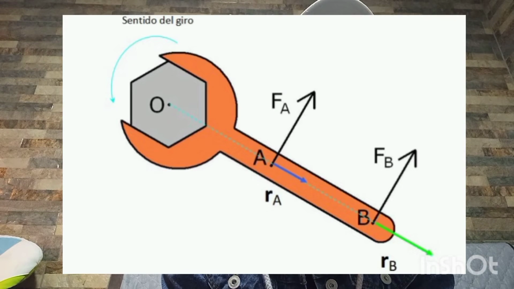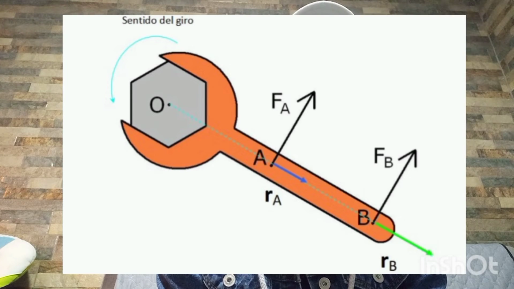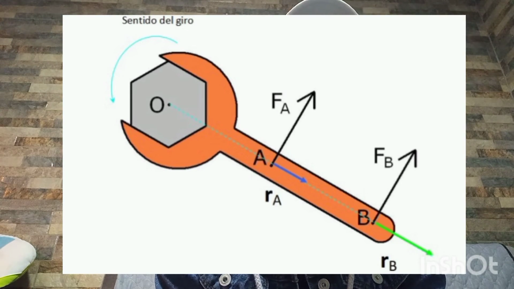So it does not produce as much torque as the force FB, which has the same magnitude but a larger vector rB. That is why, if you want the torque not clockwise, you have to apply the force in the opposite direction as shown in the figure.